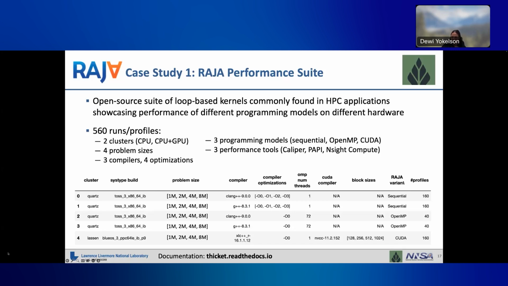The RAJA variant is one of the many different programming models that RAJA can compile to and run. And then we have 3 different performance tools that we gathered metrics from, including Caliper, PAPI hardware counter metrics, and Insight Compute. All of these different variations were run within these 560 runs.